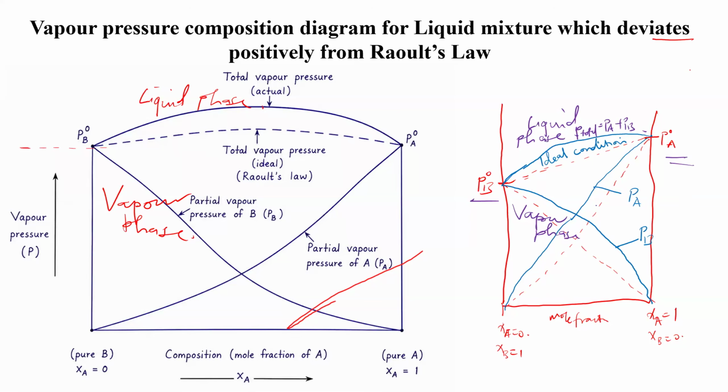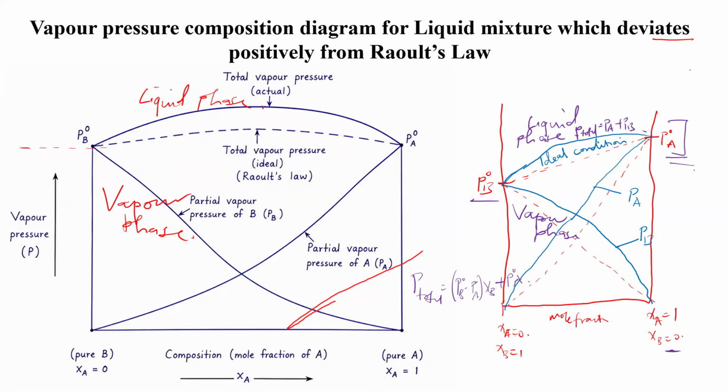No, if they don't give you the values and they want you to show the phase diagram, it's not a must to memorize that A has to be this side, B has to be on the other side. No. What you need to put in mind is understanding initially what is the mole fraction. When mole fraction of A is 0, you call our P total, where we have P naught B minus P naught A, mole fraction of B plus P naught A. If you have this, when B is 0, meaning we are here. When B is 0, the constant is P naught A, meaning P naught A will be up.